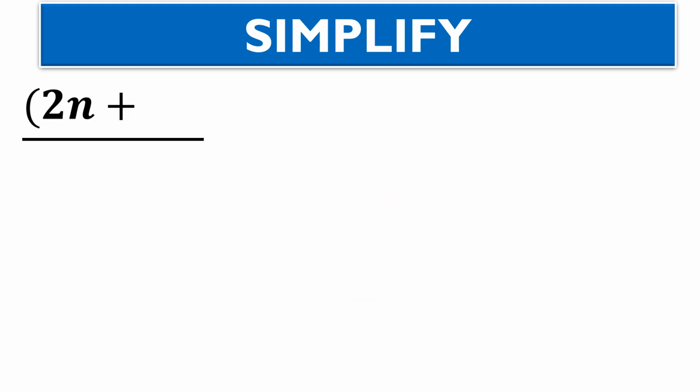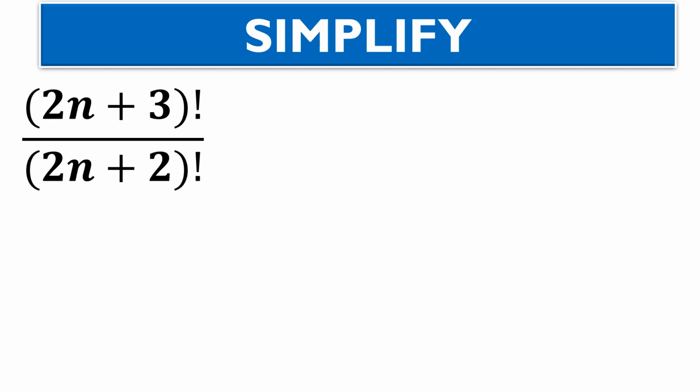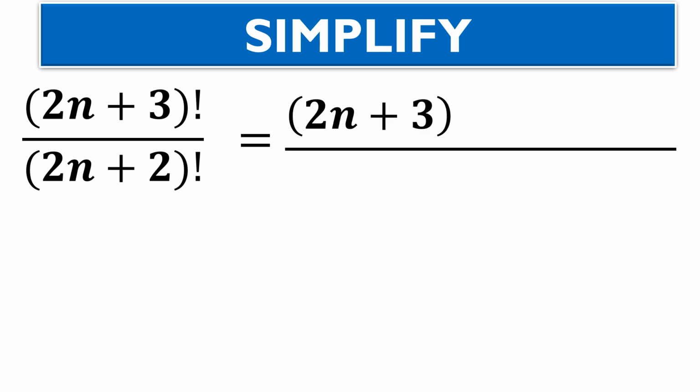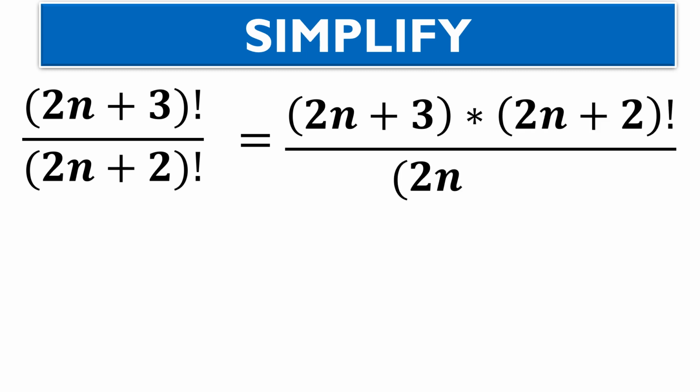So let's simplify further: (2n + 3) factorial divided by (2n + 2) factorial. All we'll simply do is express the numerator as we have simplified before.